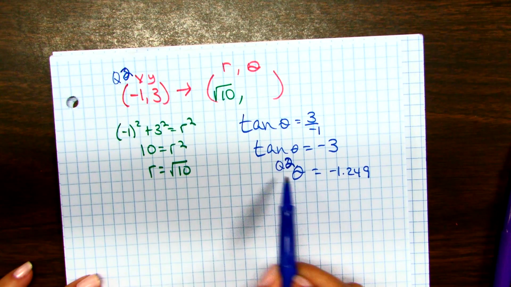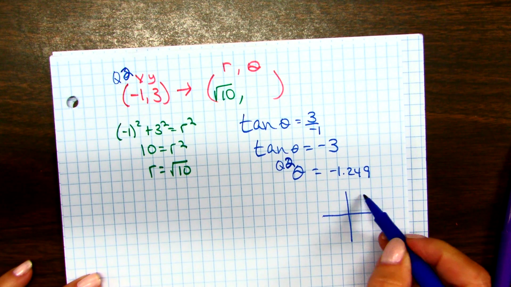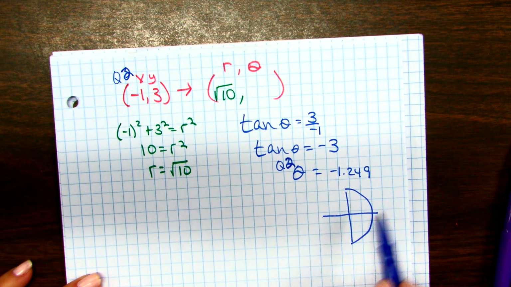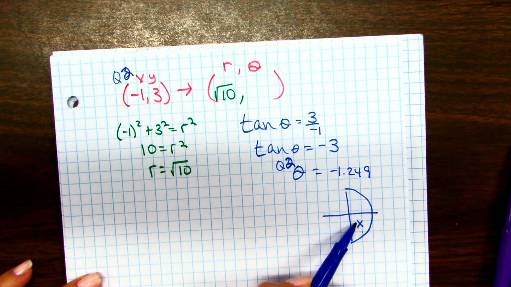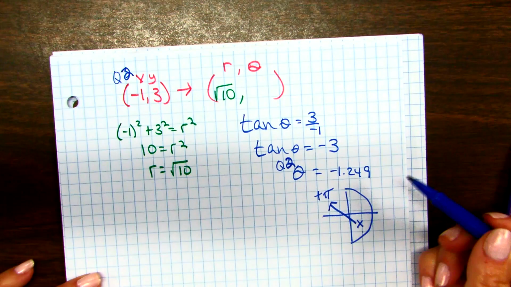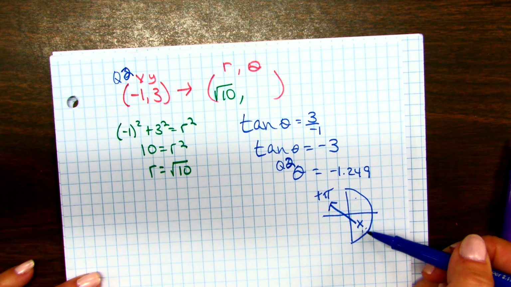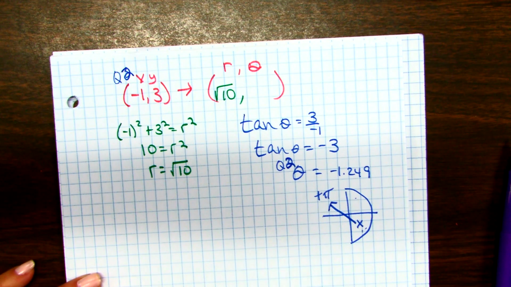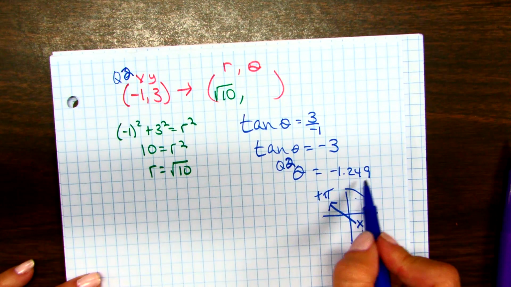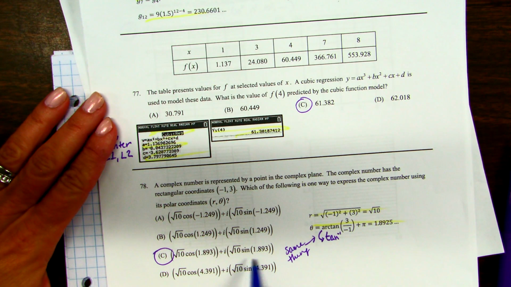When you do inverse tan in your calculator or inverse sine, you can only get quadrant 1 or quadrant 4. Right now we're in this quadrant, which is not quadrant 2, so we have to go here, which is adding pi. So I think I said quadrant 1 and 2. 1 and 4 is what you get on your calculator. If you need to be in either of these, you add pi. So when you add pi to that in your calculator, you will get 1.893.